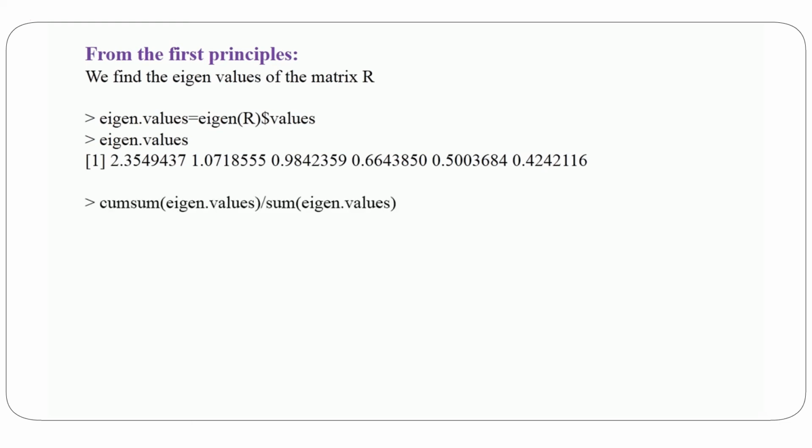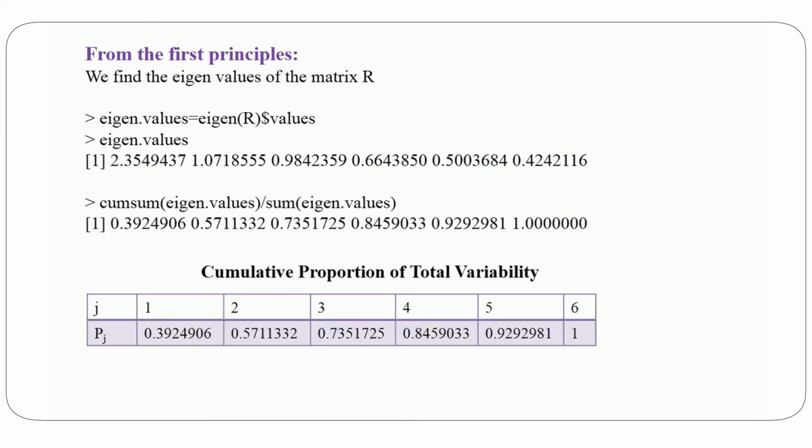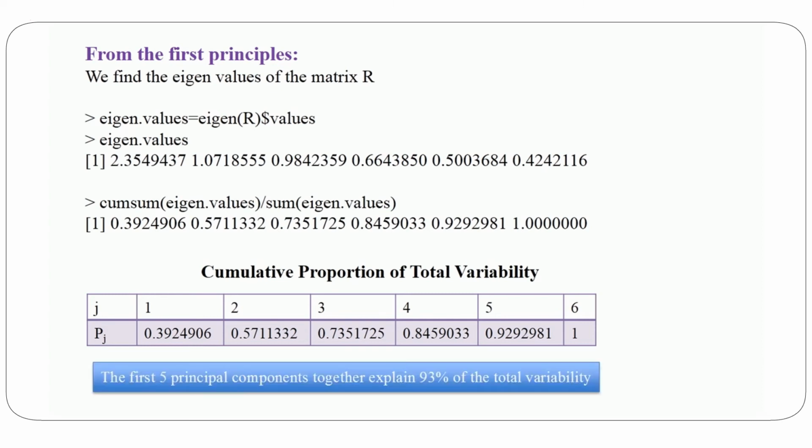Next, we find the cumulative proportion of the variability explained by the different principal components. So, here is the cumulative proportion of the total variability. We see from the above table that the first 5 principal components explain about 93% of the original data variability.